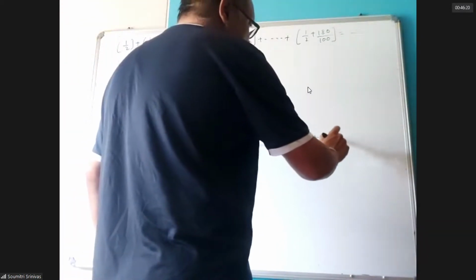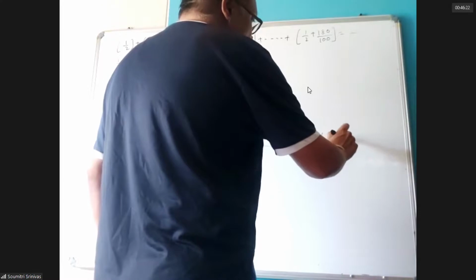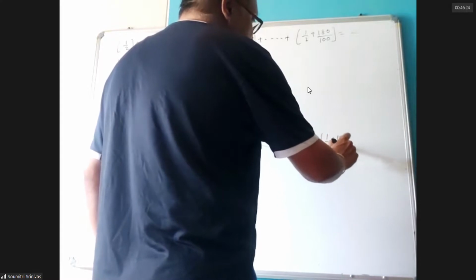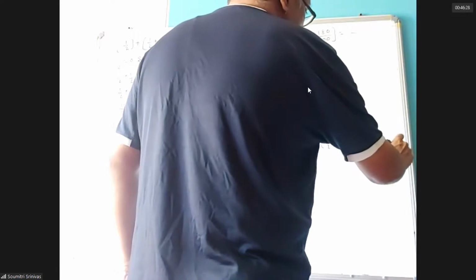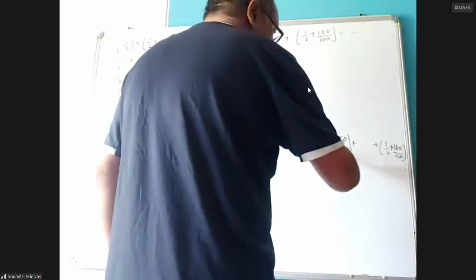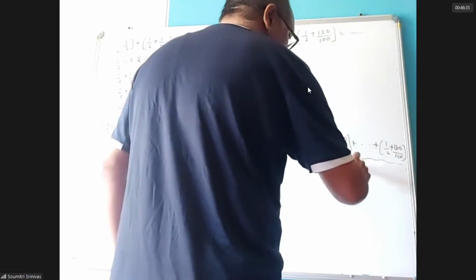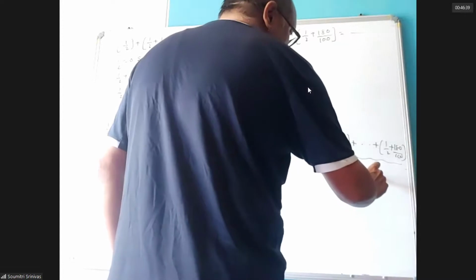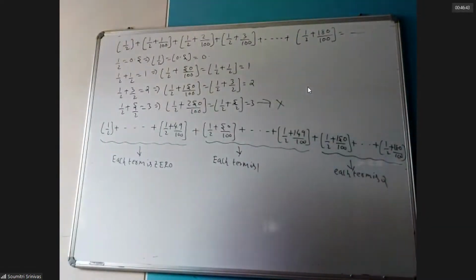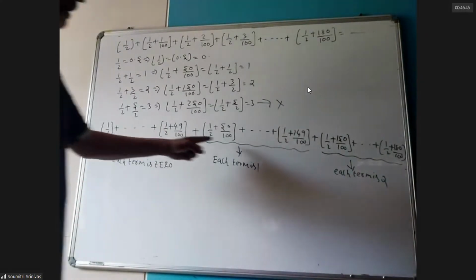Next, 1/2 plus 150 by 100 up to the last term, 1/2 plus 180 by 100. What's the contribution of each term? Each term contributes 2. How many ones do I get?